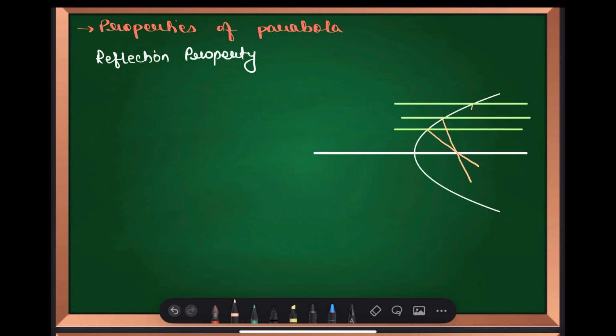So this is the incident ray, and this is the reflected ray. I hope this property is also clear. And if your ray of light is coming from the other direction, then after reflection it will reflect back, and it will appear that it is concurring at the focus. I hope this property is clear now.